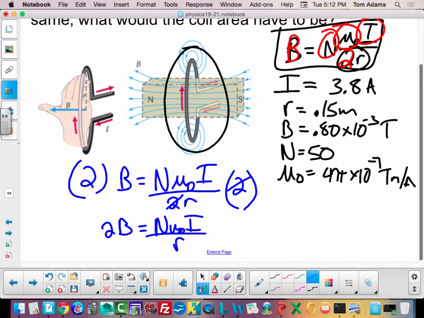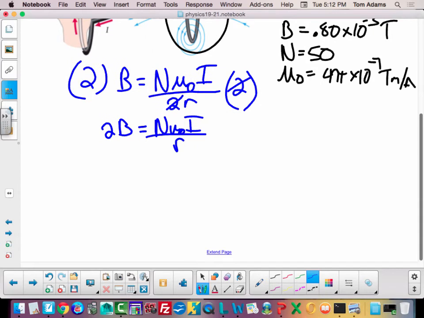Well, I really cut it in half, okay? And so if I cut the denominator in half, what impact does that have on the area? So technically, what I would have to do to double the field is R would have to be reduced by 1/2.